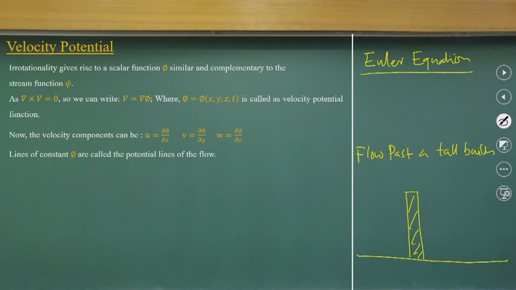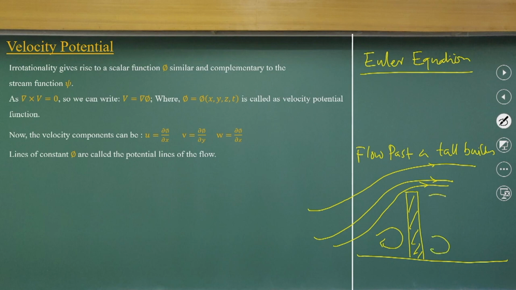If you consider a uniform stream flow, we can get streamlines like this. But there will be vortices, and flow separations are going to happen.